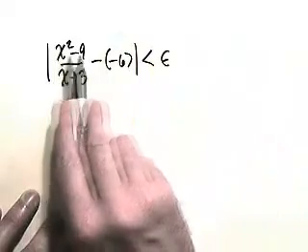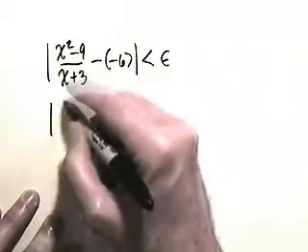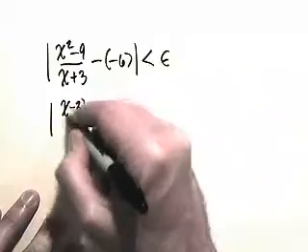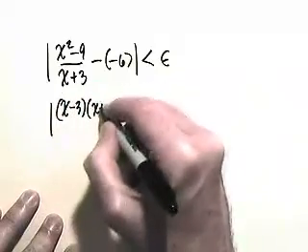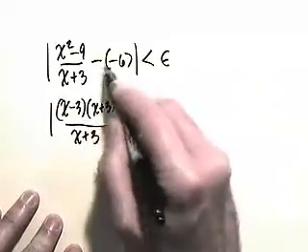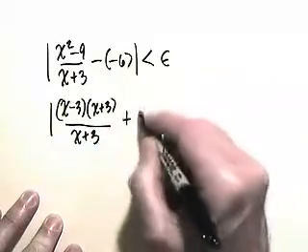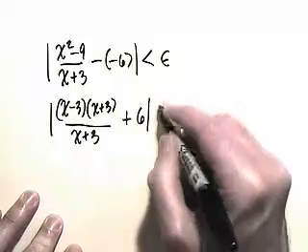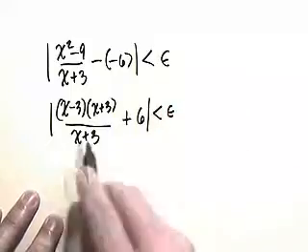And minus a negative 6 is the same as plus 6. Now we can cancel the x plus 3's, and we have simply the absolute value of x minus 3 plus 6 less than epsilon.